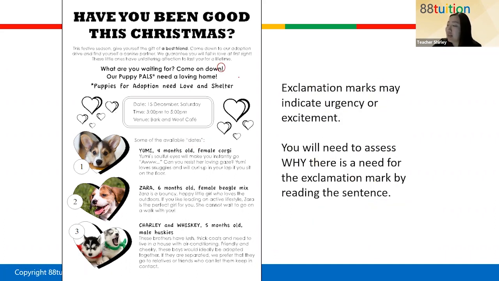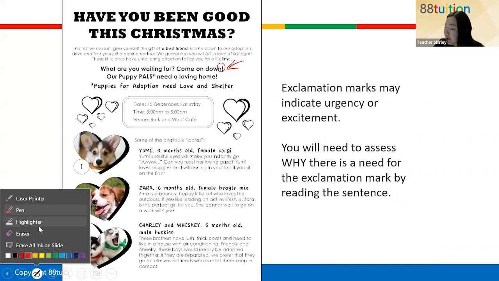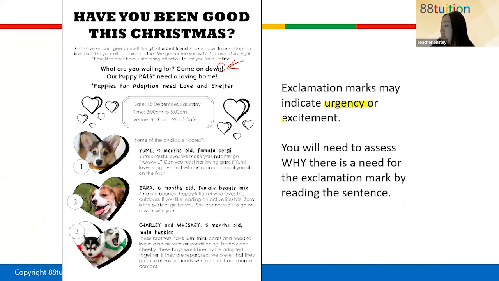Okay. What about exclamation mark over here? Exclamation mark gives you the impact of indicating excitement. Okay, so exclamation indicates excitement, right? As well as urgency. So you will need to assess. Sometimes you might be asked why is the writer's choice of punctuation an exclamation mark?